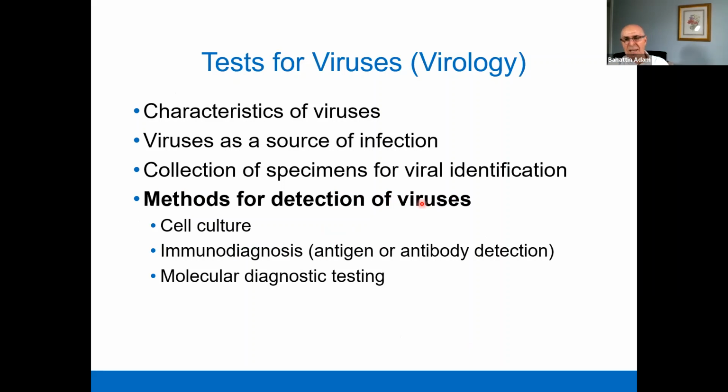There are few cultures that we use for viruses because it is really hard to let them grow in culture. And therefore, the most common techniques that we use to identify viruses are immunodiagnostic techniques and molecular diagnostic tests. The antigen-antibody detection is the most common method that we use to identify viruses.